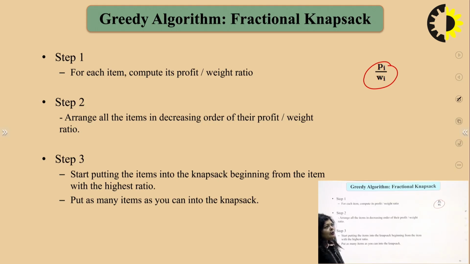And whenever the knapsack capacity does not allow including the whole object, we will take out a certain fraction of the object which has the next highest profit weight ratio, and put that fraction into the knapsack, so that the overall weight of all the objects inside the knapsack becomes equal to the weight capacity of the knapsack.